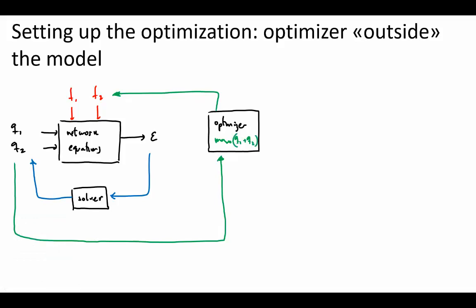It reads Q2 and Q1 and then changes F1 and F2. So this loop that you have here is the optimization loop, and this is simply the network solver loop.